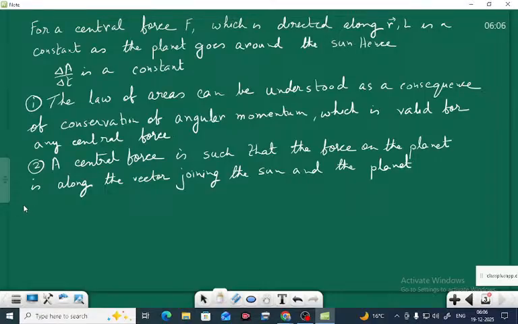And this is what we call it. Number 3 is the law of periods.